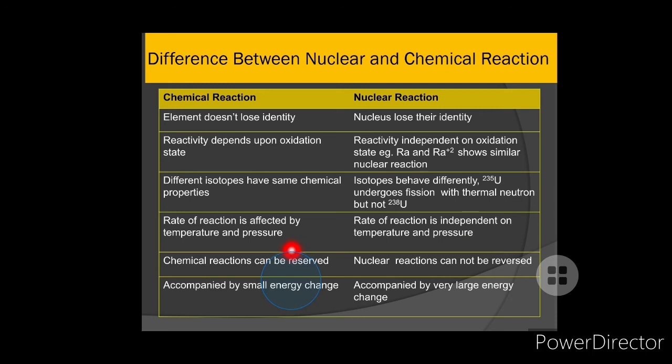Chemical reactions are accompanied by small energy changes, whereas nuclear reactions are accompanied by large energy changes, meaning nuclear reactions are associated with a huge energy change.